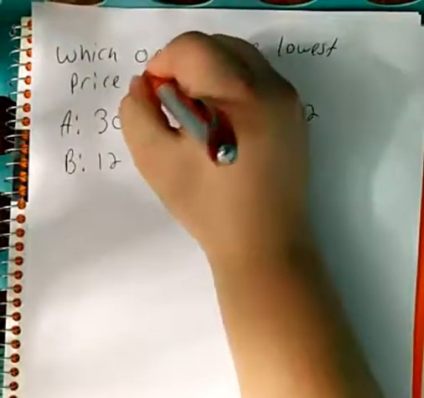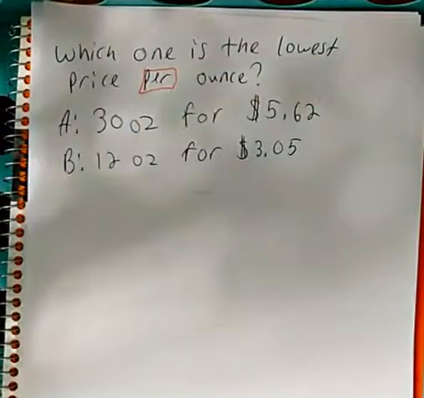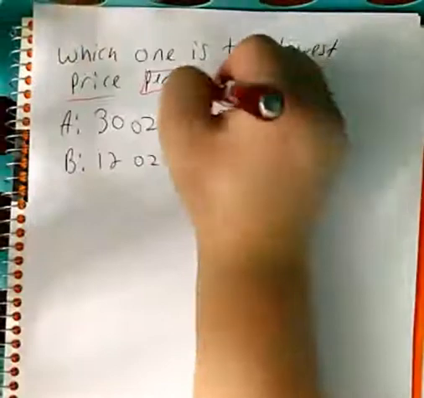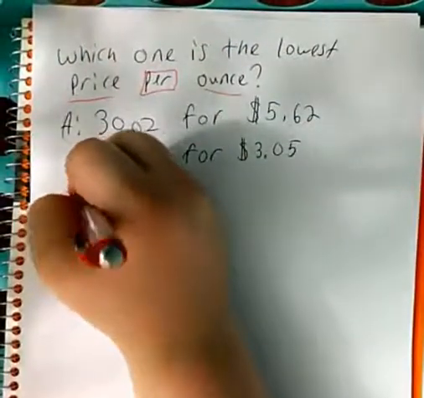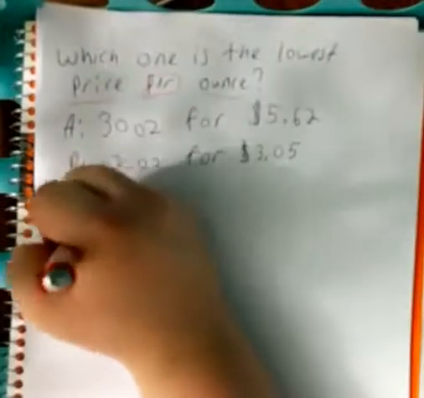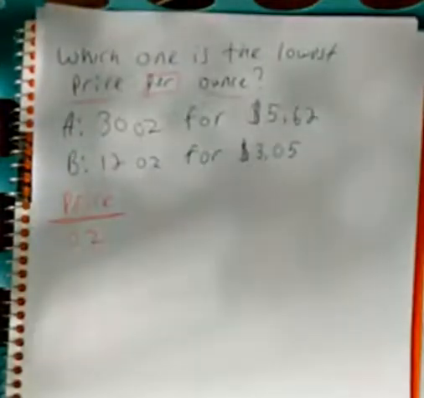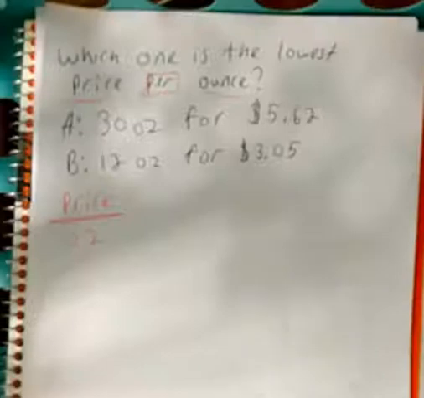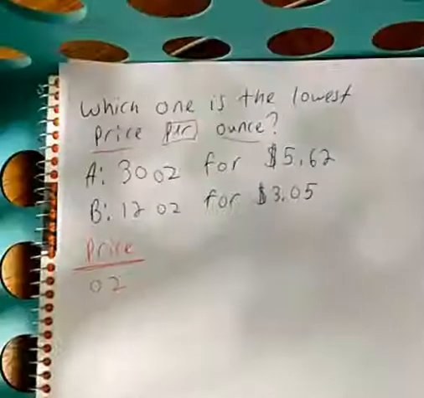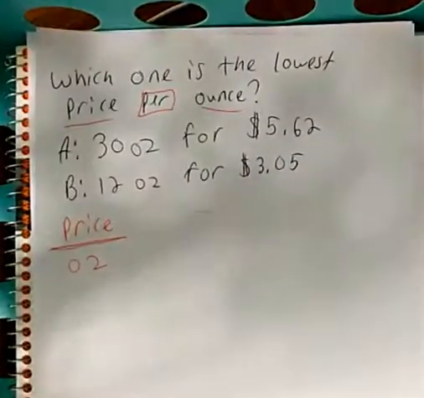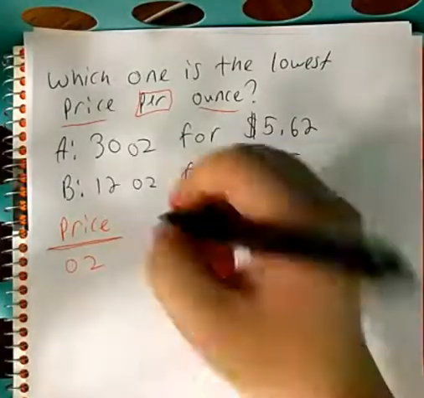Again, per is so special. Price divided by ounces. Okay, so that tells me I need to set it up.